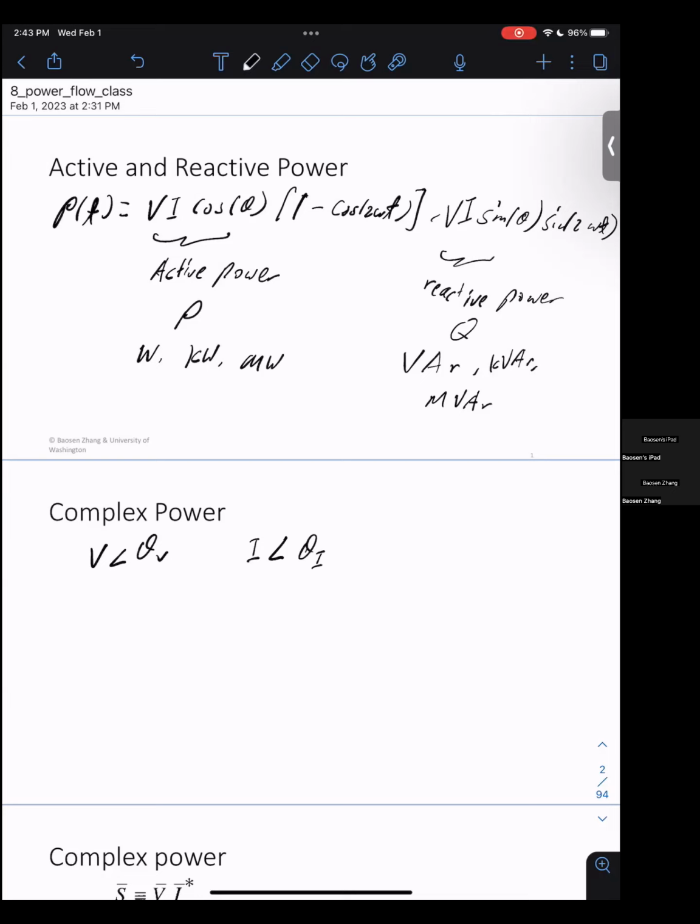We define complex power as V times I star. I'm going to write a bar for a complex number. Star means conjugation. Star just means you conjugate the complex number.